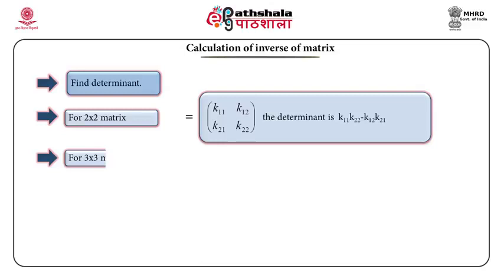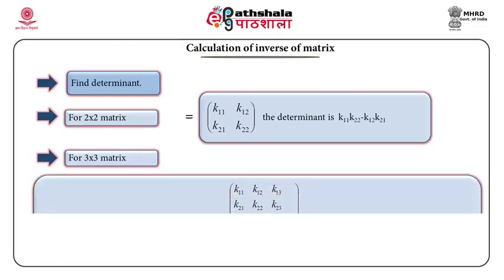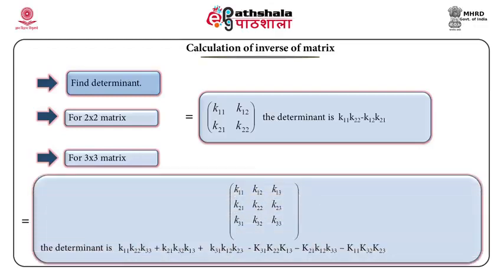For a 3 cross 3 matrix, you have to consider the matrix arranged in its elements. If you are considering K11, omit that row and column. K11 would be multiplied with the diagonal elements K22, K33. The other diagonal elements are K23 and K32, and they go ahead with a negative sign.